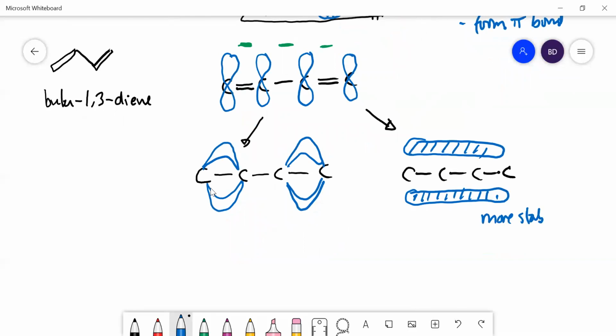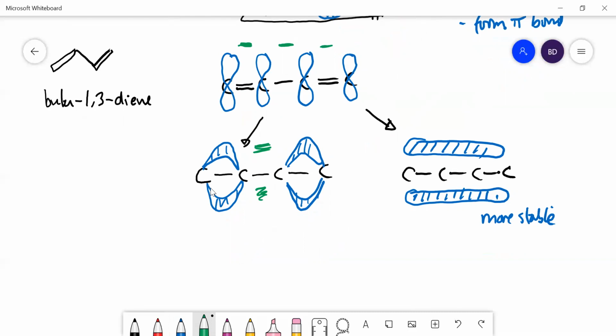Why is it more stable? Because the electrons are not shoved into a small space. Here they're shoved into 2 little small spaces. Here they can spread out more, they can use this bit here, and so that's a lower energy configuration.